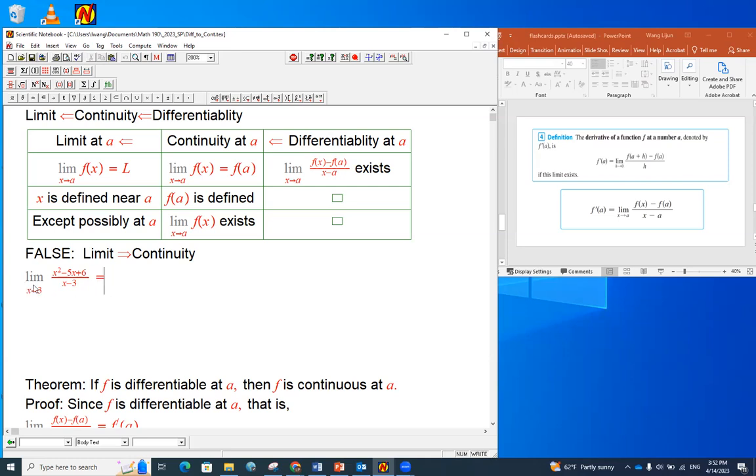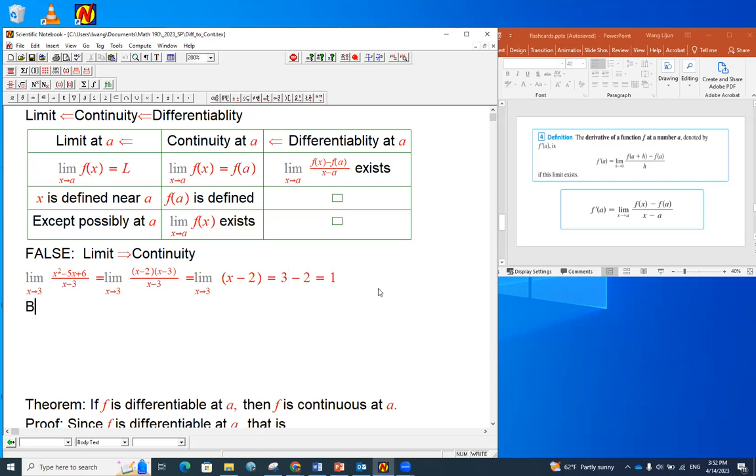Going down the steps, the limit is x minus 2 left, direct substitution, 3 minus 2 equals 1. So the limit exists.